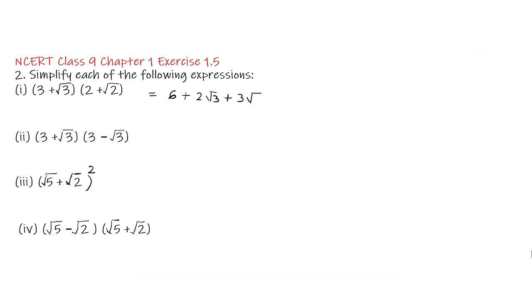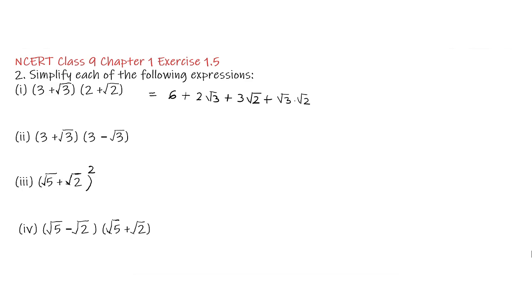This gives us 3 root 2 plus again we multiply root 2 of the second bracket with root 3 of the first bracket. This gives us root 3 into root 2.